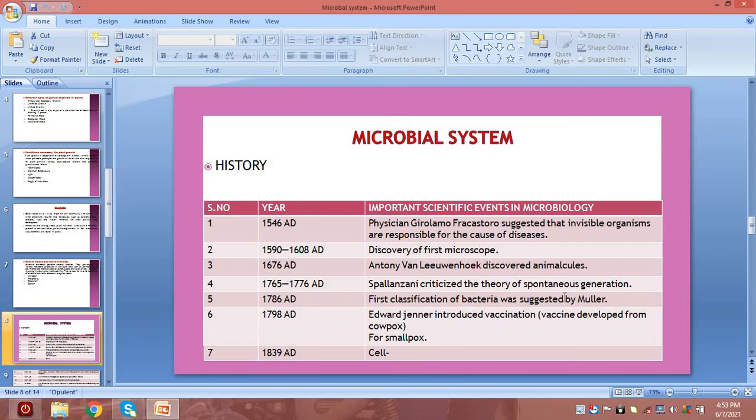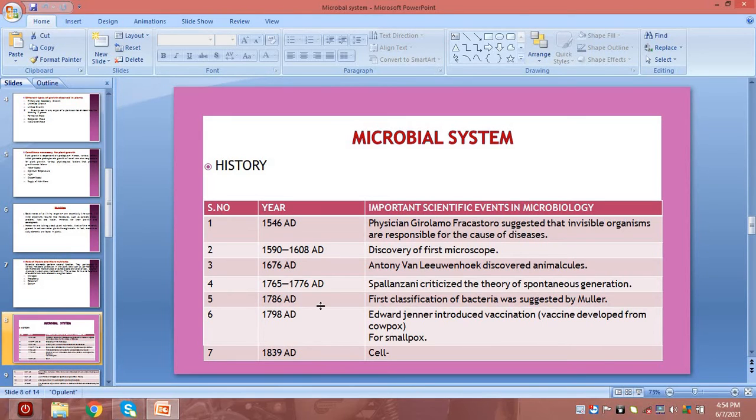The spontaneous generation theory gave a false statement about living organisms, and Spallanzani disproved this theory in the years 1765 to 1776 AD.